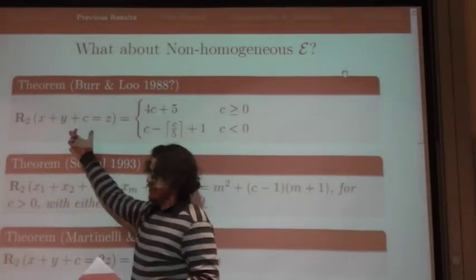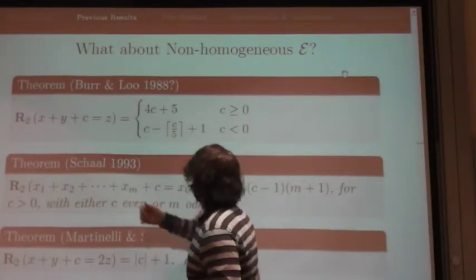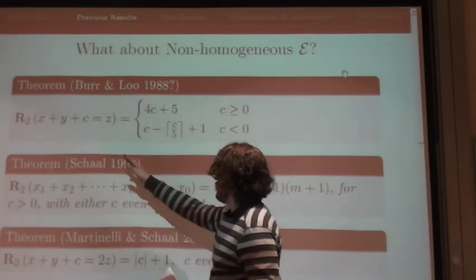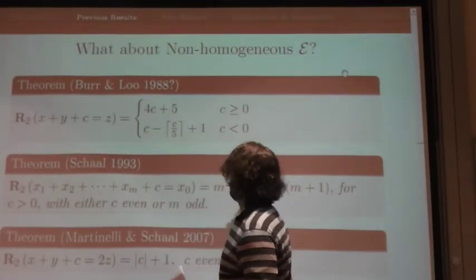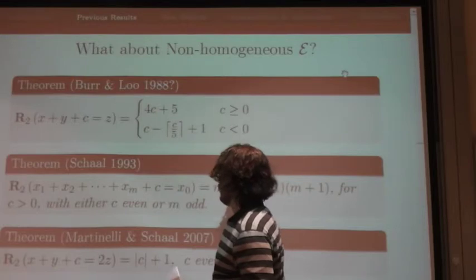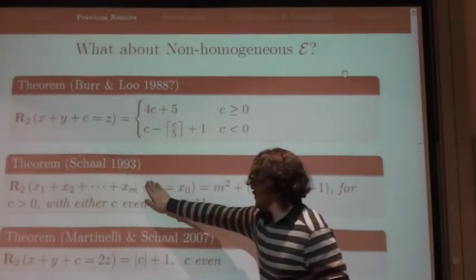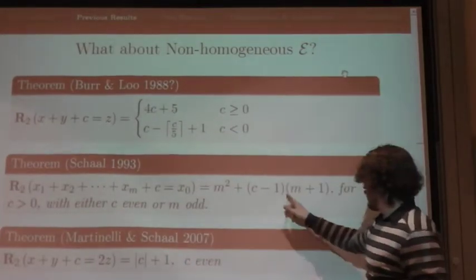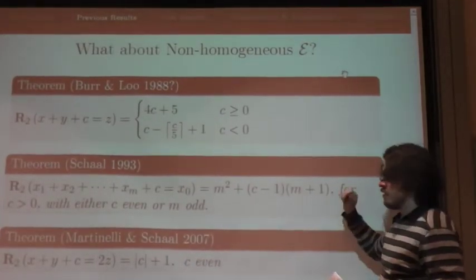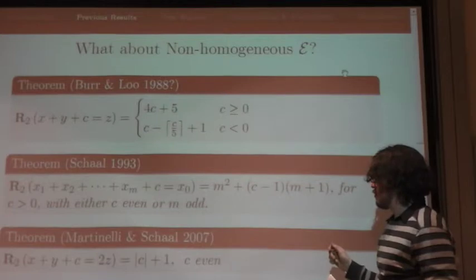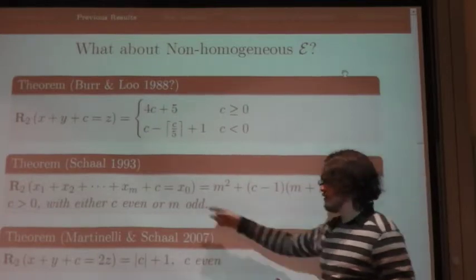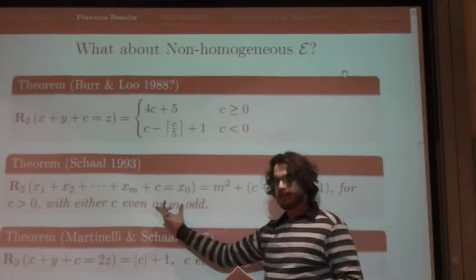And here I don't have a standard notation, so I'm abusing it a little bit. All of these, if you set c equal to 0, you get a previous result that we've had. So here, if you set it equal to 0, you get that m squared minus m minus 1. That was from 82. So 11 years after that was the homogeneous version.